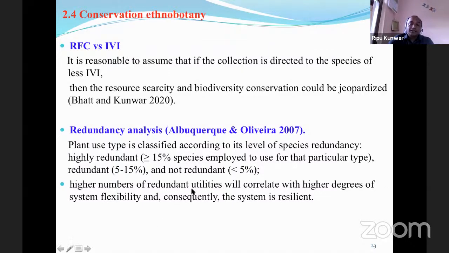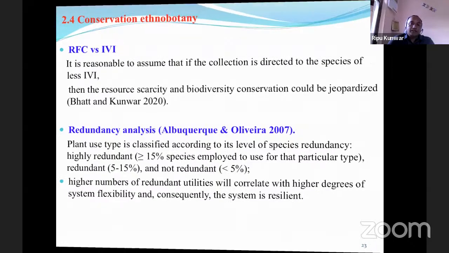We could analyze in that way, and then we can come up with some idea of which systems are vulnerable and which area is important for biodiversity conservation prospects. So we can do conservation ethnobotany, and derive conclusions for the implications of conservation, or for the system sustainability.